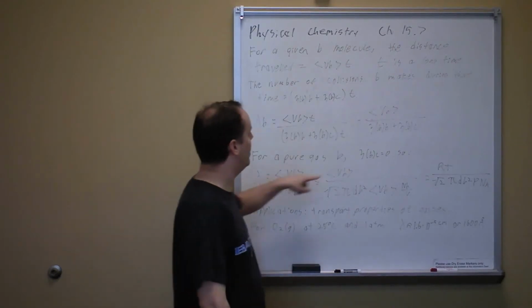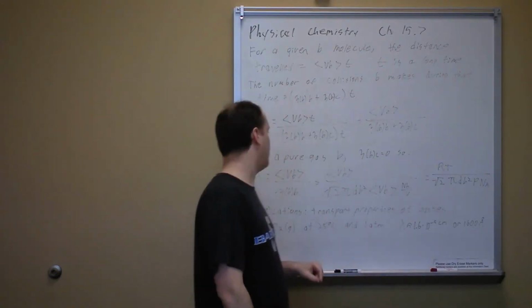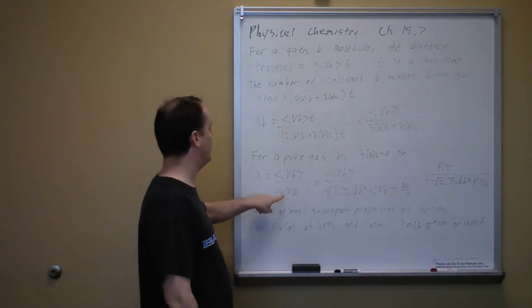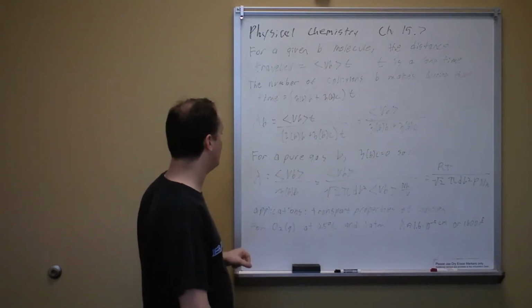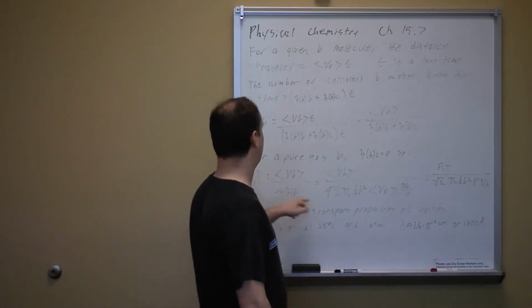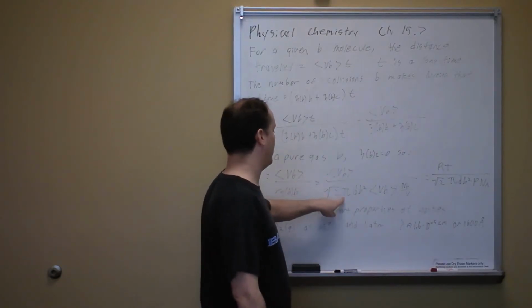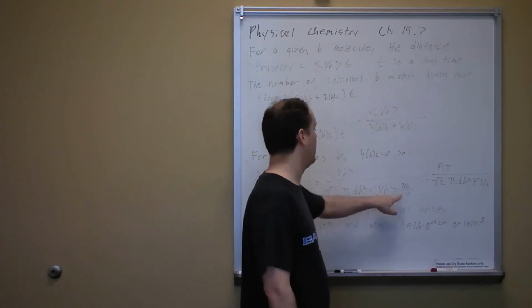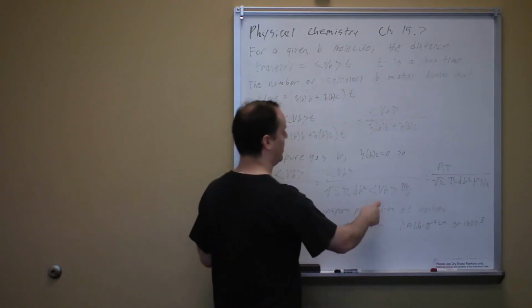Now if it's a pure gas, then of course the collision rate of B with C is going to be equal to 0. So that term will drop off, and then our mean free path is just going to be the average speed of B divided by the collision rate of B with other B molecules. Substituting in the formula that we had, it'll give us the average speed of B divided by the square root of 2 times pi times the diameter of a B molecule times the average speed of B times the number of B molecules divided by V, the volume of the container.